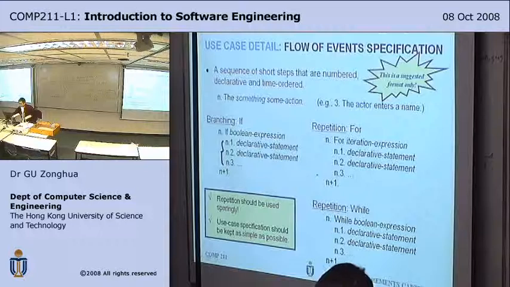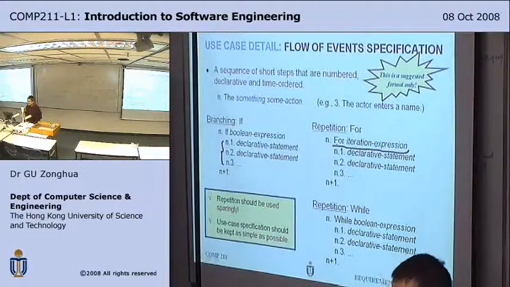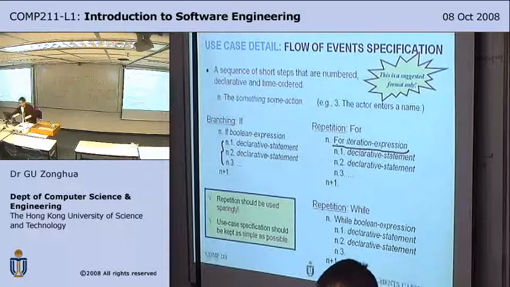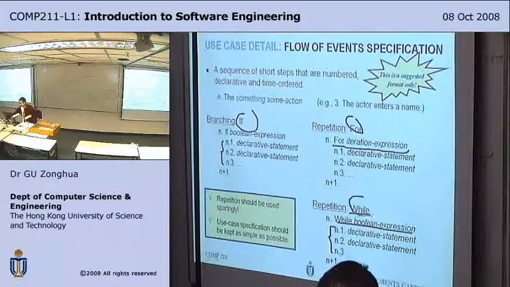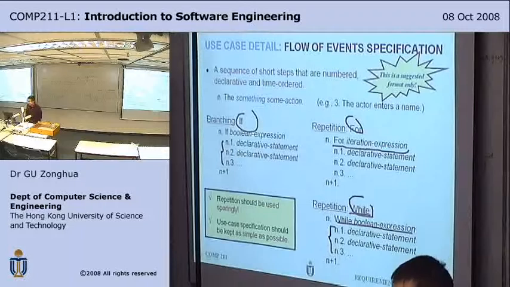Or you can have repetitions, like a for iterative expression, for example, iterating a counter from 1 to 100 to do something, or a while: while the Boolean expression is true, you do a bunch of declarative steps. These if, for, and while are just like in programming languages, but they should be used sparingly.